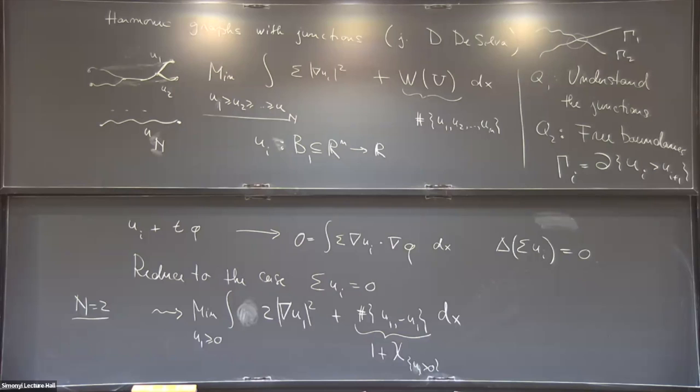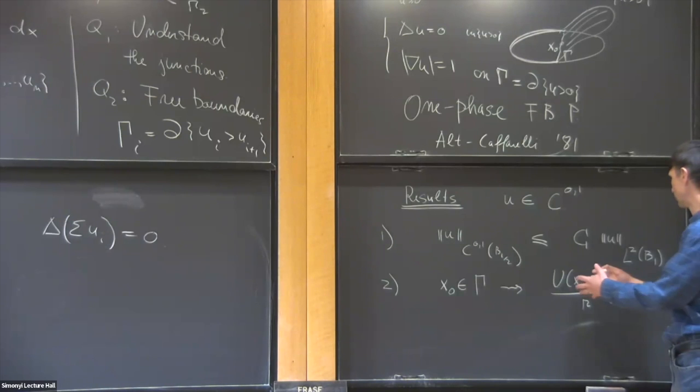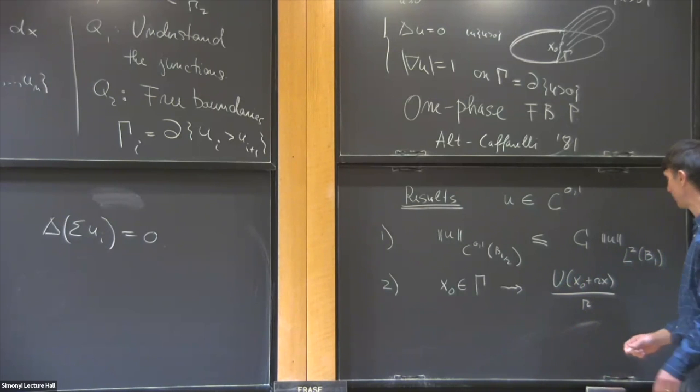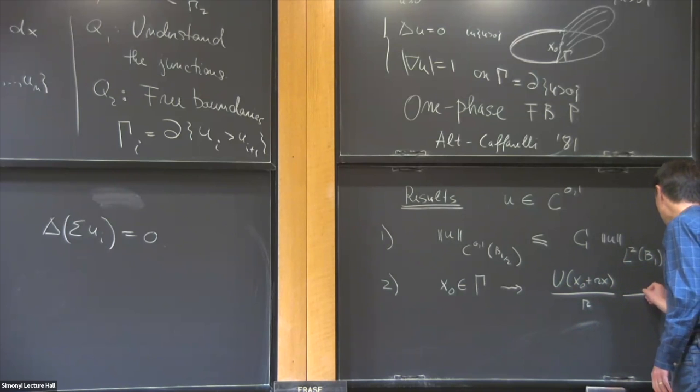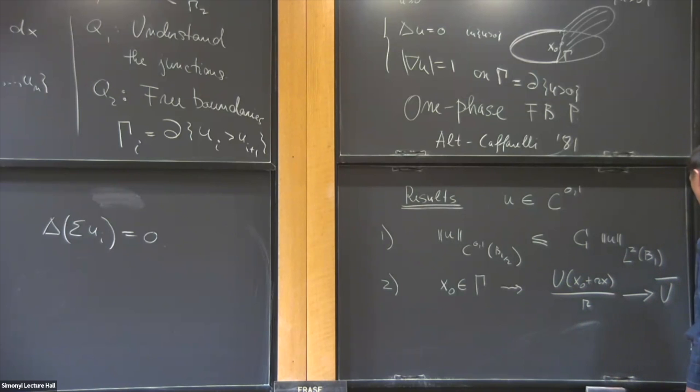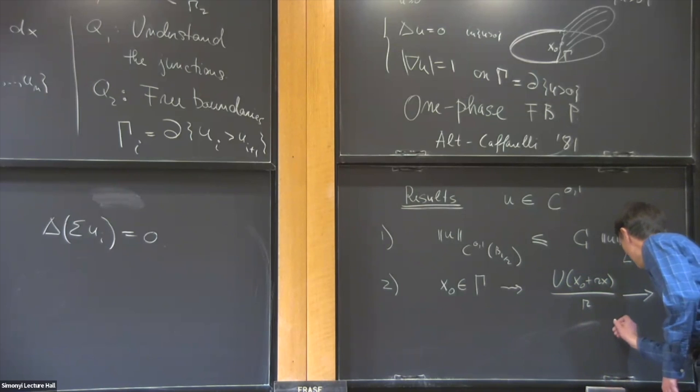And then you want to create this blow-up limit. So you look at u of x0 plus rx, divided by r. The problem is invariant under Lipschitz dilations. So this would be the natural scaling of the problem. And what you can show is that up to subsequences, this converges to some global minimizer u bar as r tends to 0.